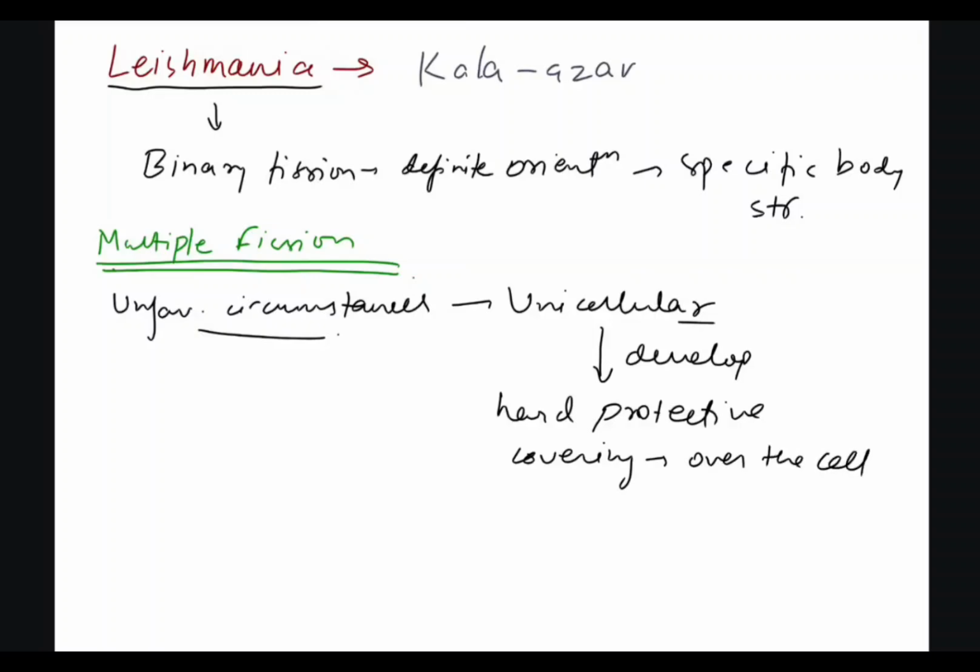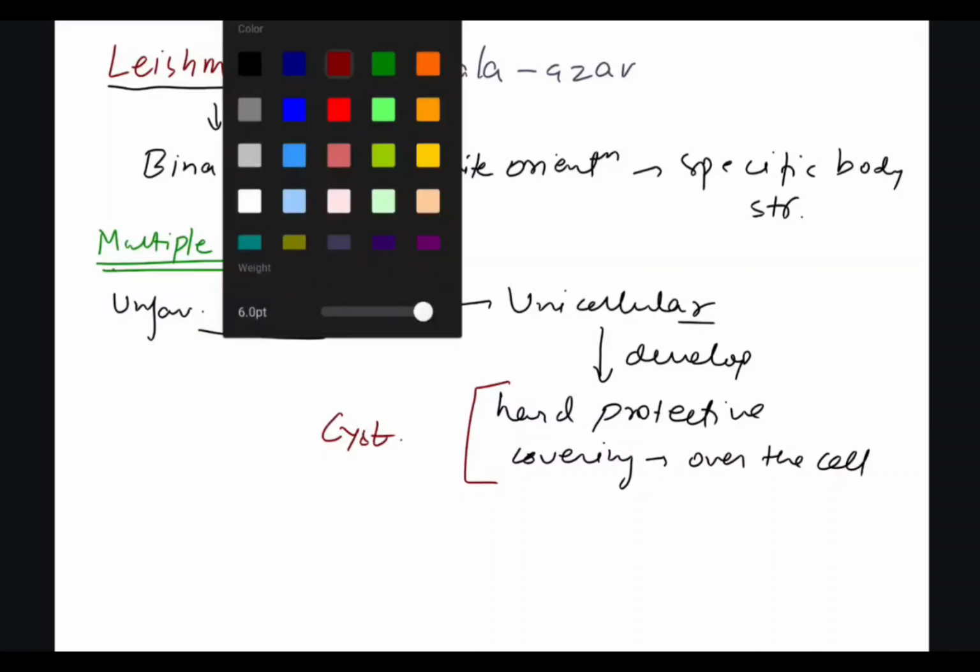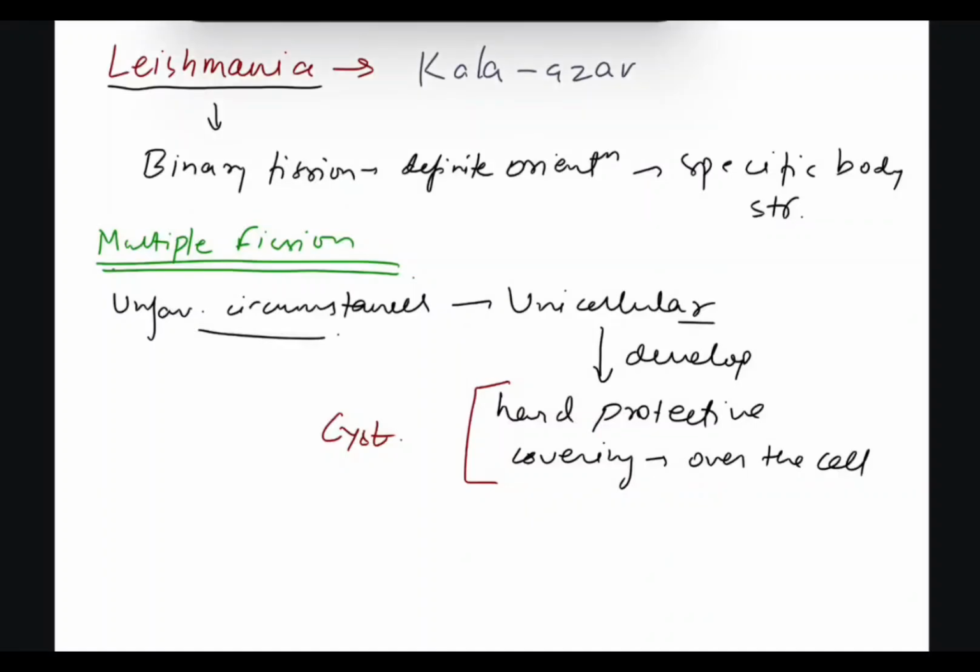And we call them cysts. So they develop a cyst, and the nucleus of the cell divides repeatedly, and they produce many nuclei, right?